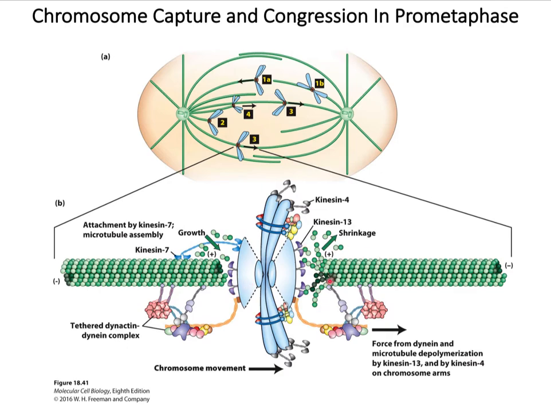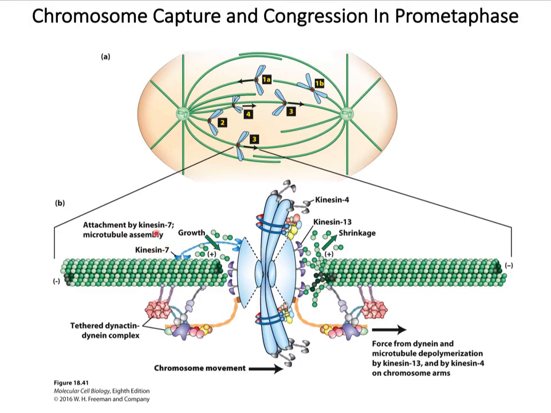On the shortening side, as you can see in the figure, kinesin 13 stimulates kinetochore microtubule disassembly at the plus end, a fact you can recap from our discussion on the microtubules in the previous module. Also remember that the dynactin-dynein motor complex moves the chromosome towards the spindle pole. You can also recap that the dynein-dynactin motor moves towards the minus end of the microtubule.